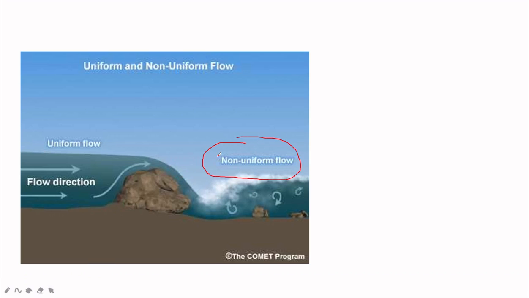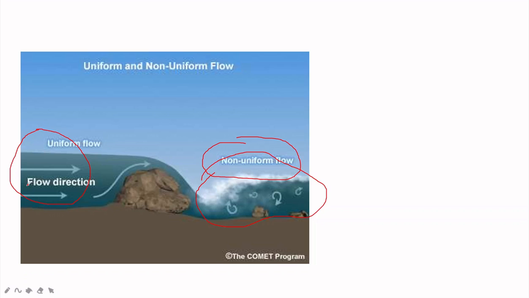Why non-uniform flow? The velocity of every particle here changes with respect to space. If you take space, the velocity gradient dou v by dou s is changing with respect to space, but in uniform flow it will not change.